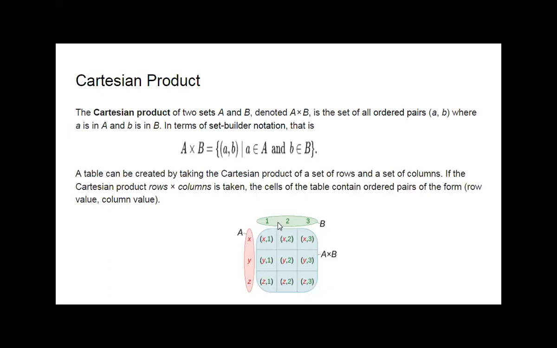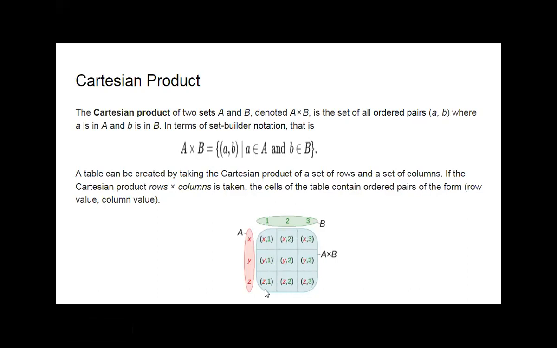Okay. So if we take A and B as the sets, and A is X, Y, Z, B is 1, 2, 3, then all the elements will be there, like X1, X2, X3, Y1, Y2, Y3, and Z1, Z2, Z3. All the ordered pairs are here.